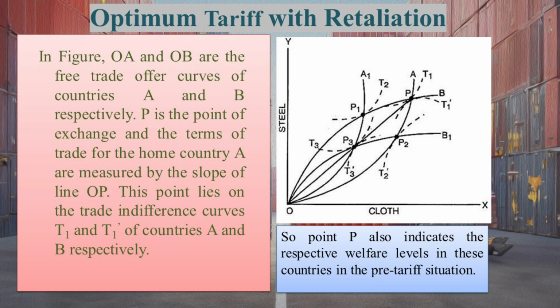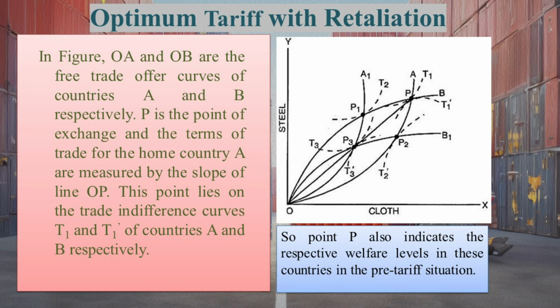Initially, before the tariff was imposed, both the offer curves intersect at point P, and the slope of the line at this point determines the terms of trade. This point P lies on the trade indifference curves T1 and T1 dash of countries A and B respectively.